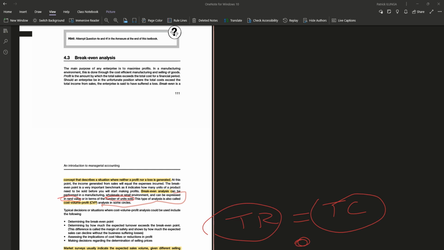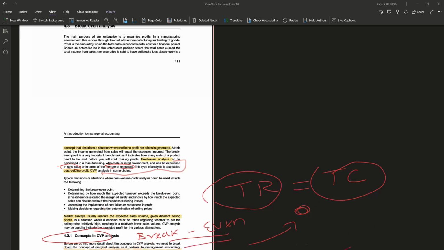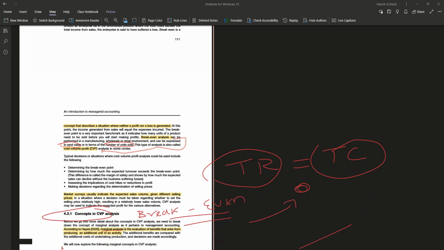In other words, total revenue equals the total cost. The break-even point is a very important benchmark as it indicates how many units of a product need to be sold before you will start making profit. So indeed, this can be expressed in the number of units as well as in rand value.